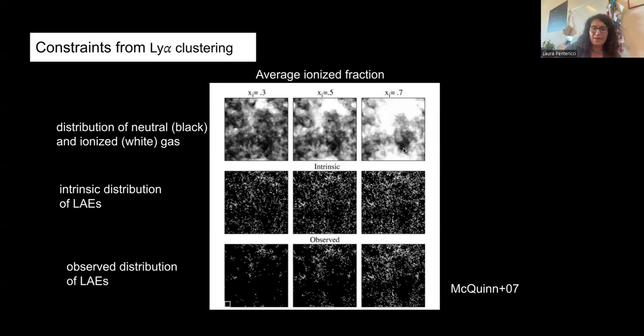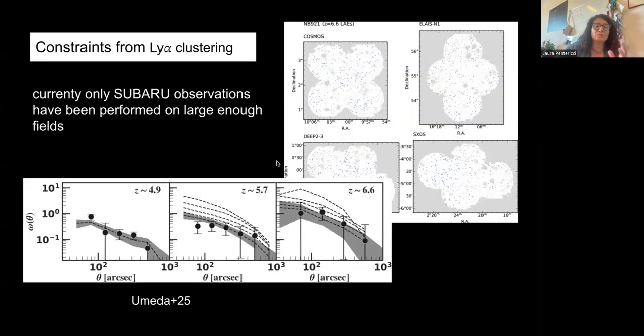Again, the only survey that currently has a large enough area where you can actually probe Lyman alpha clustering is the Silver survey, done with Subaru. Subaru has a very, very large camera where you can observe very large patches of the sky.